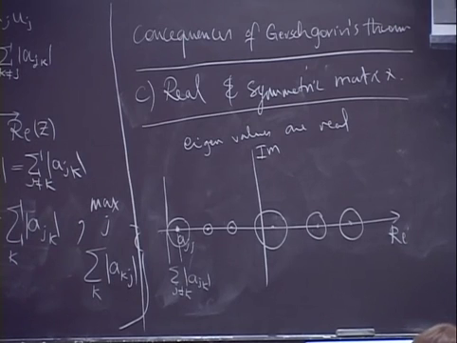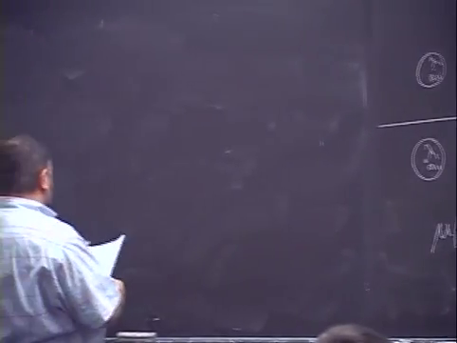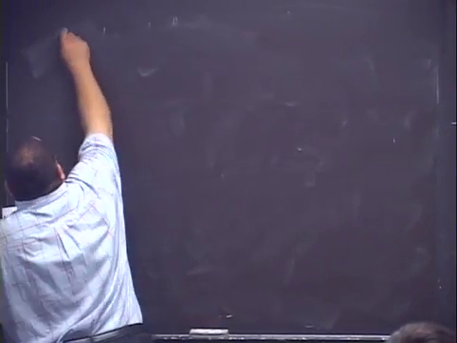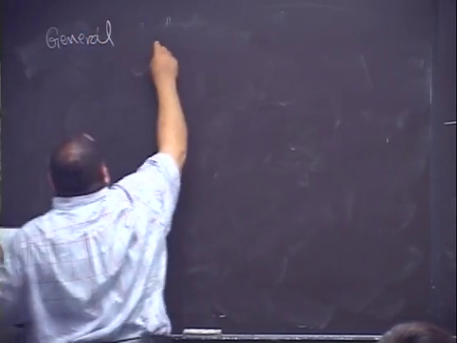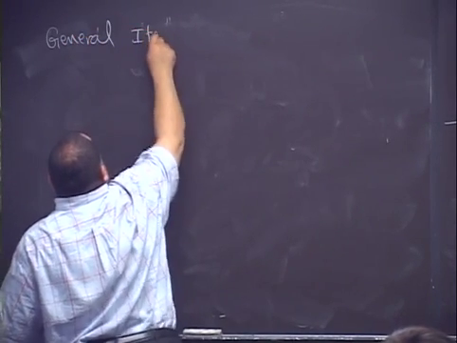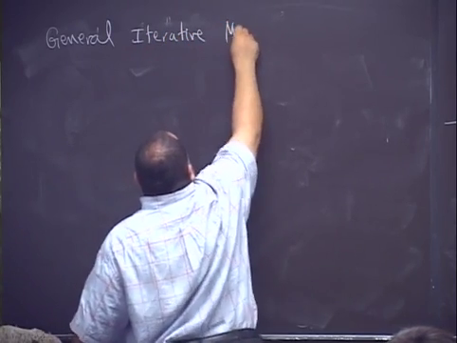Now, we will be using the knowledge of the spectral radius in our technique for numerically solving a set of linear equations by the iterative technique, and this will be our next topic. So this is the general iterative method.